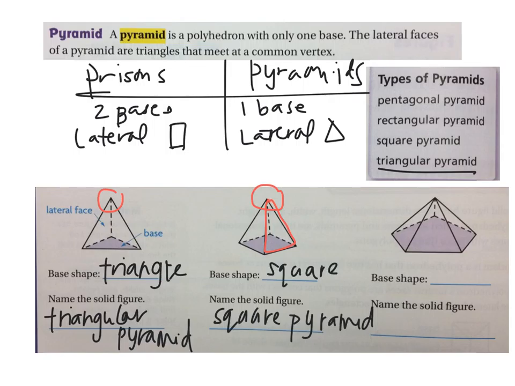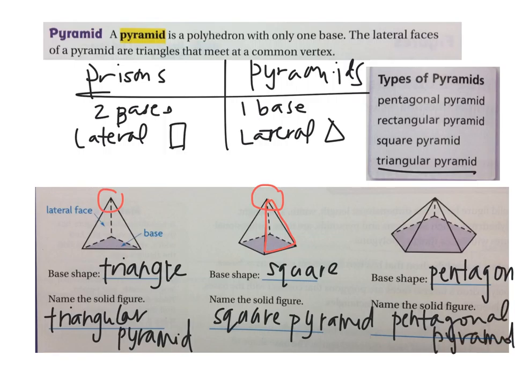All right, let's take a look. What is the base shape here? It's a pentagon. So what is the solid figure? It's a pentagonal pyramid. And how do I know that this is a pyramid and not a prism? Sarah? Pyramids only have one base. How else does Sarah know? Tanvi?